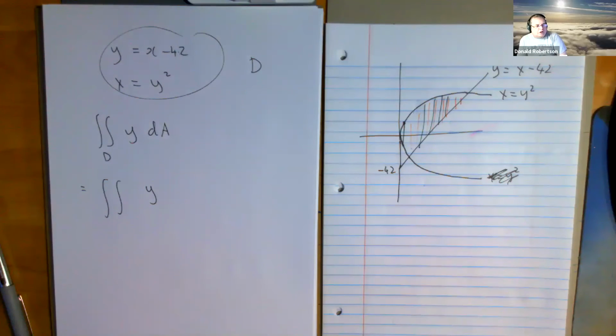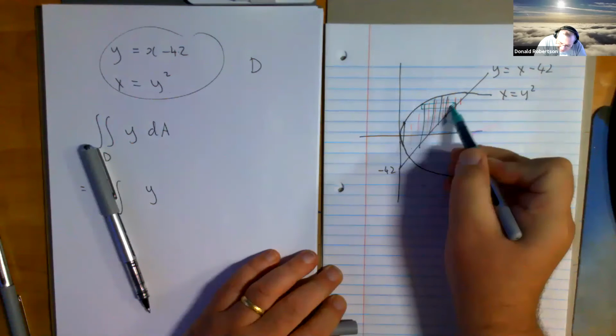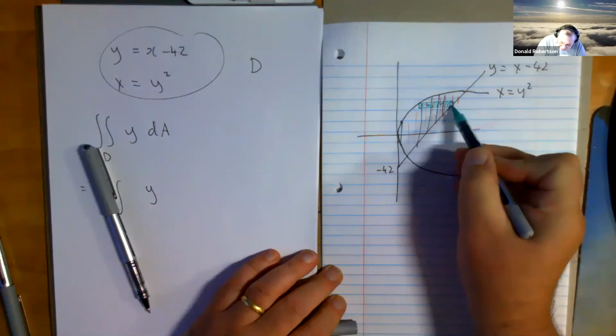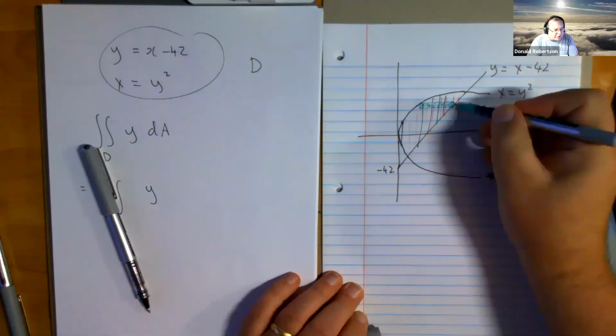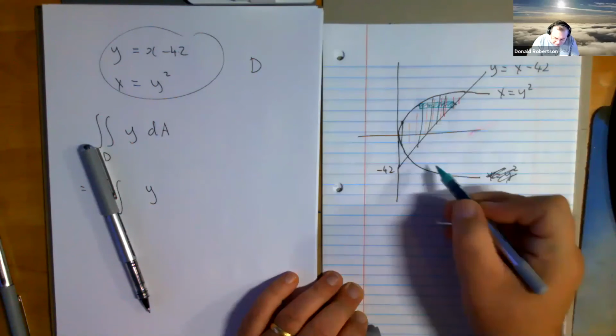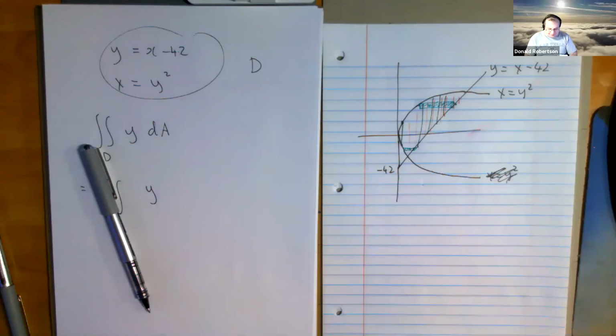That means vertical lines ain't going to cut it. Can you see in this question, if I do horizontal ones, I always start at one and finish at the other. I always start at the straight line and finish at the curve. At the end, at the middle, and at the top.